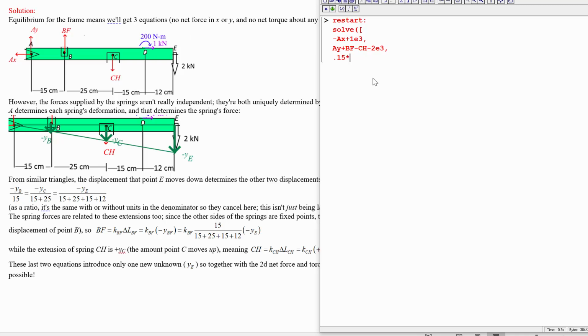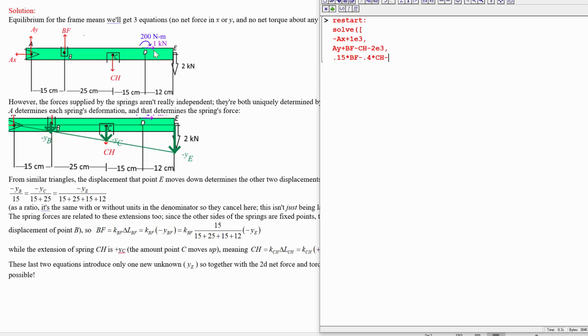0.15 meters times BF. That creates a positive moment, one out of the page about point A. Then we're going to have minus 0.4, which is 0.15 plus 0.25, times CH. And we're going to ignore the height difference here for this 1E3. We've assumed that we already took account of that displacement when we added this 200 Newton meter thing.